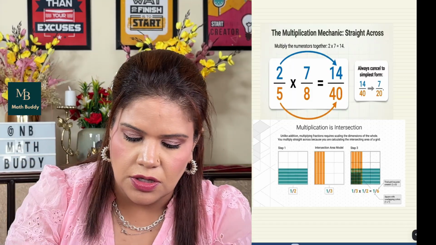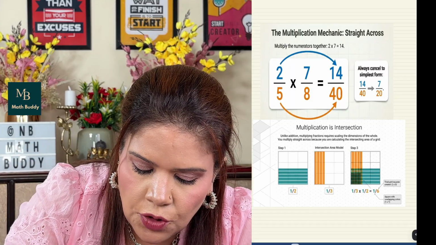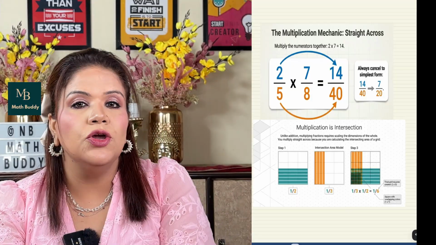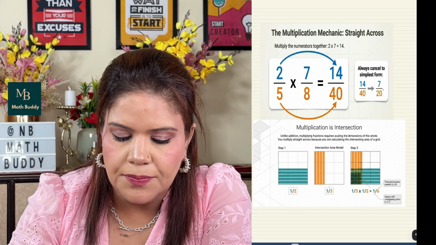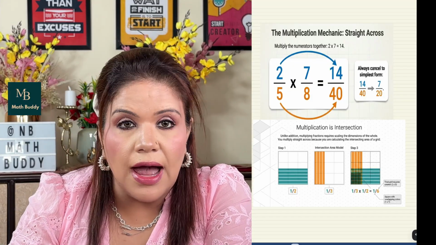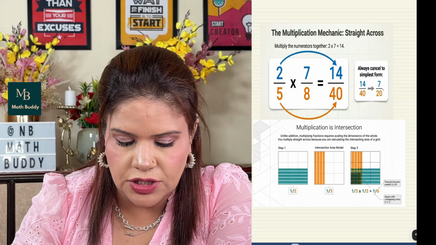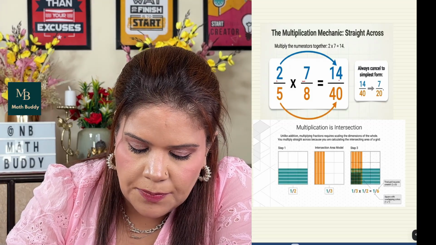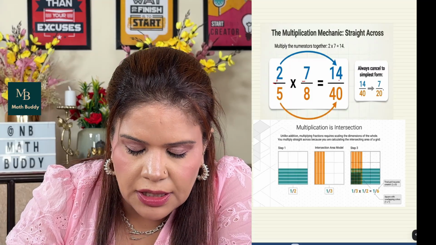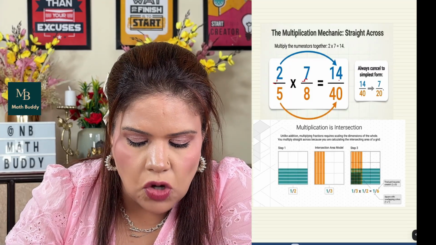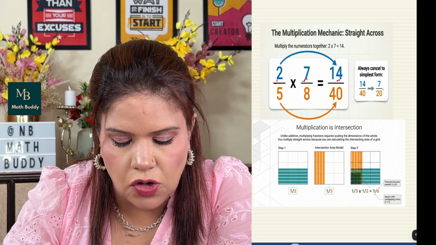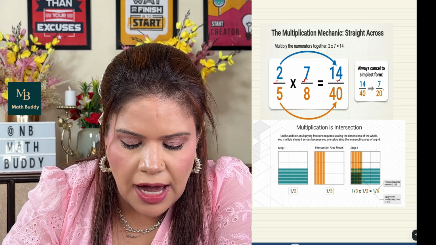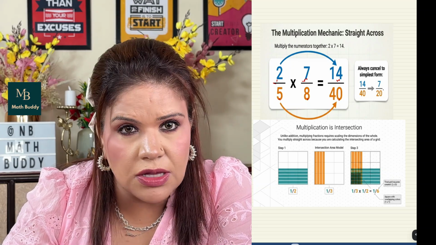Here, my numerators are of blue color and denominators are of orange color. Now you see that 2 into 7 is 14. The top is getting multiplied with the top, giving the answer on top. Bottom times bottom gives the bottom answer.